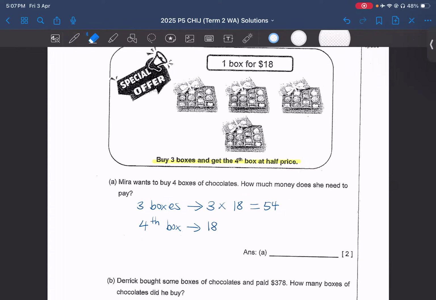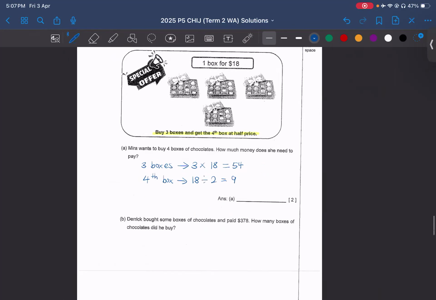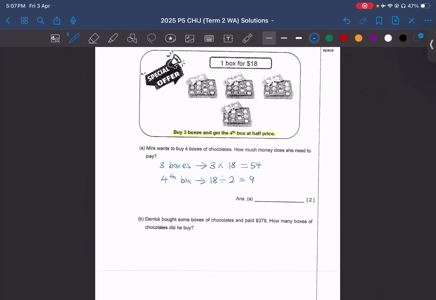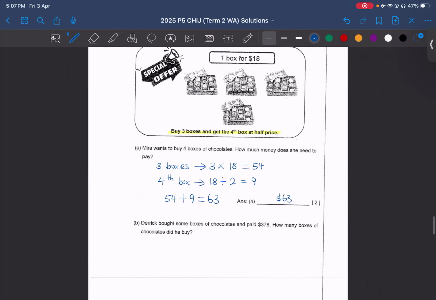What's half of 18? It's 18 divided by 2, which is $9. So to find how much she pays for 4 boxes of chocolates, it would be 54 plus 9, which is 63. So your answer for this question is 63. That's for part A.